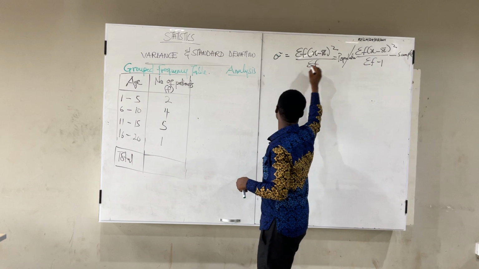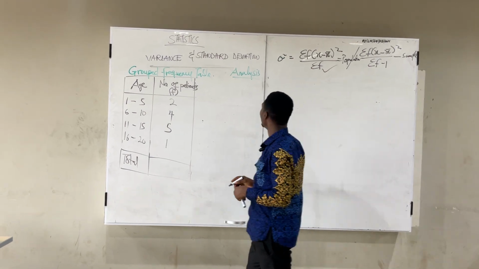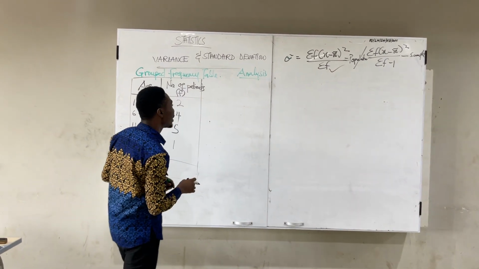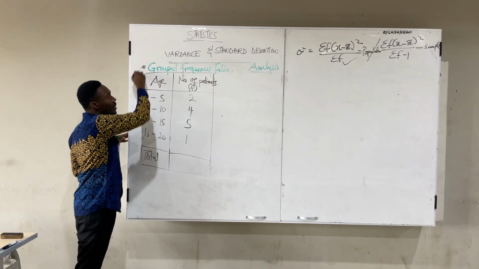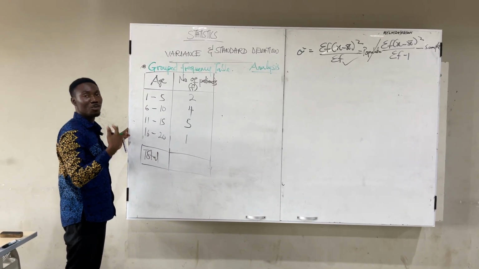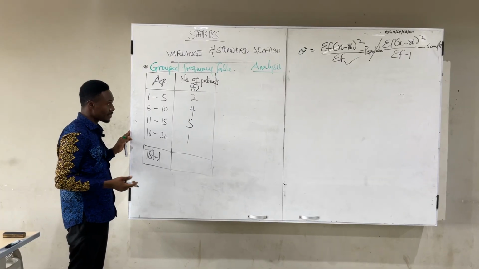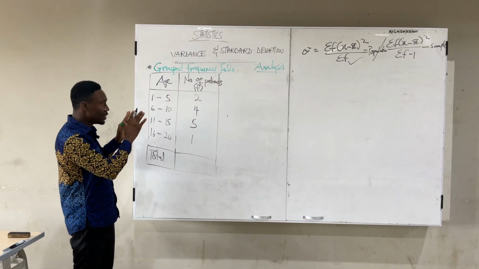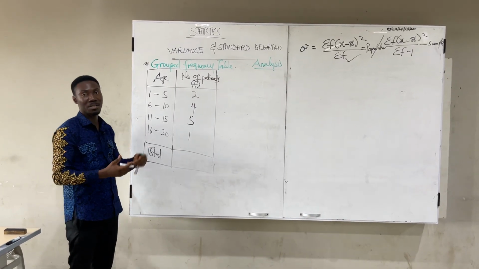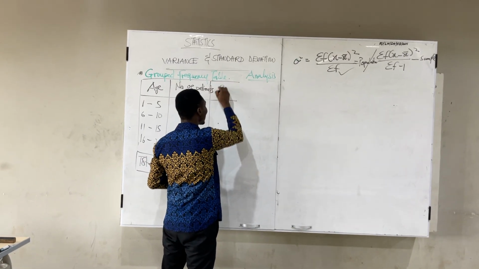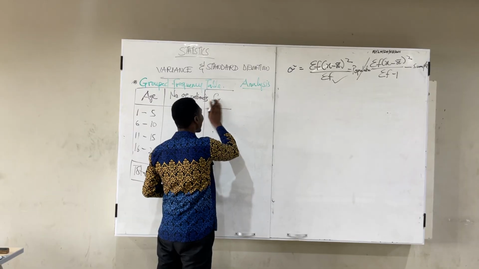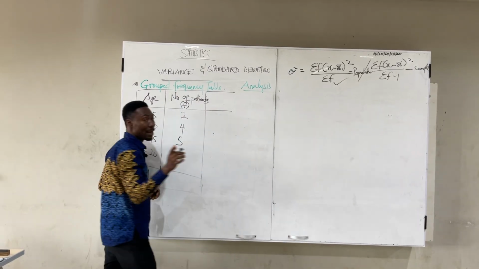Okay, so let's assume this table is population data. Now, take note that this is a group frequency table. Once it's a group frequency table and you've been asked to calculate variance, you will need certain additions or adjustments on the table. The first column you are going to create is the midpoint column. Why the midpoint column?